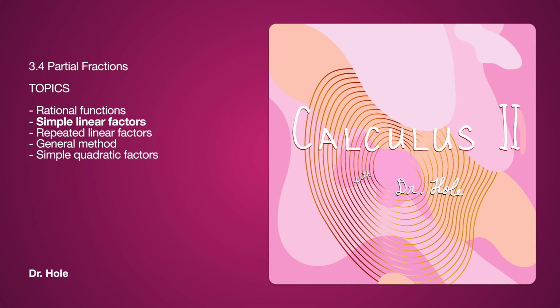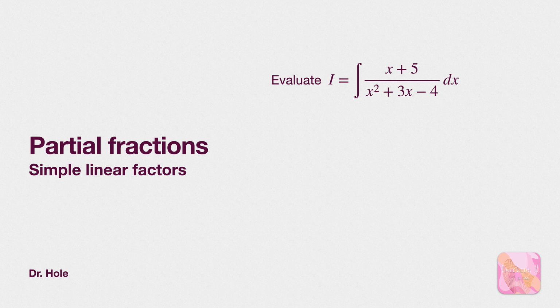We're going to begin the method of partial fractions with the assumption that the denominator will factor into distinct linear factors. For example, the rational function x plus 5 over the quadratic x squared plus 3x minus 4 is proper. The top is degree 1, the bottom is degree 2. And the denominator factors as the binomial x plus 4, product binomial x minus 1.